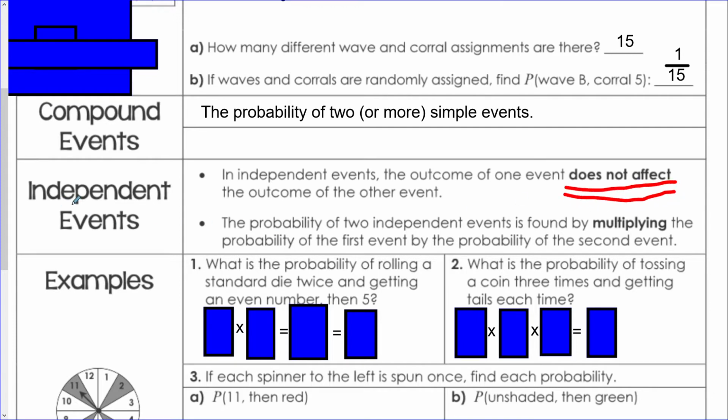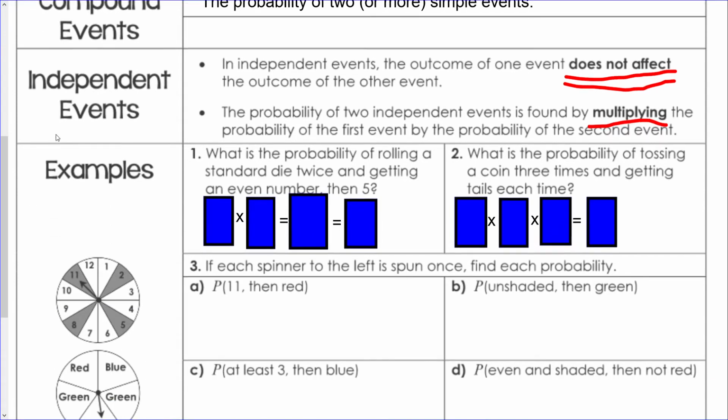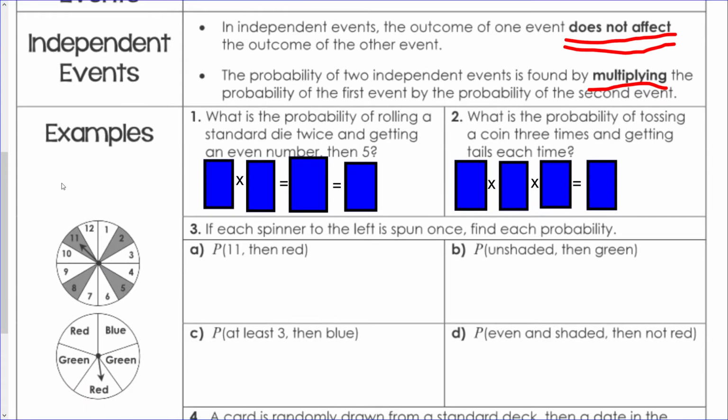Because the events are independent, their outcomes do not affect each other. The probability of these can be found just by multiplying the probability of the first event by the probability of the second event. So it's basically like you're doing simple probability twice and then multiplying them together. It's not too tricky, but you do need to be a little careful as you're going through it.